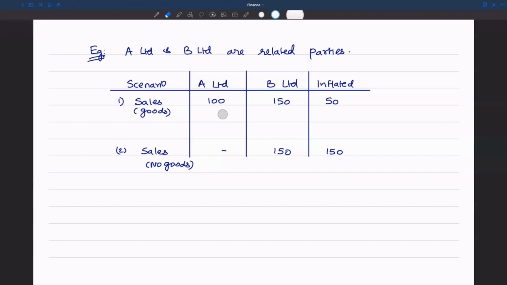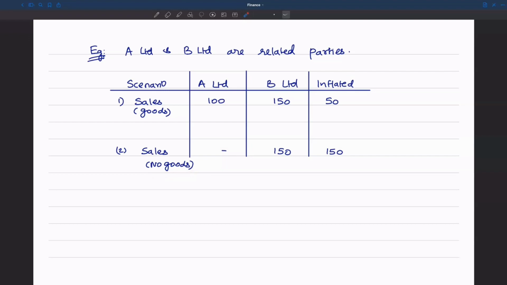The other reason could be that, without any economic transaction taking place, they will artificially create an invoice. Look at this case. A Limited does not have any goods, but it is raising an invoice against B Limited, let's say for 150 million. No goods at all, no service at all.